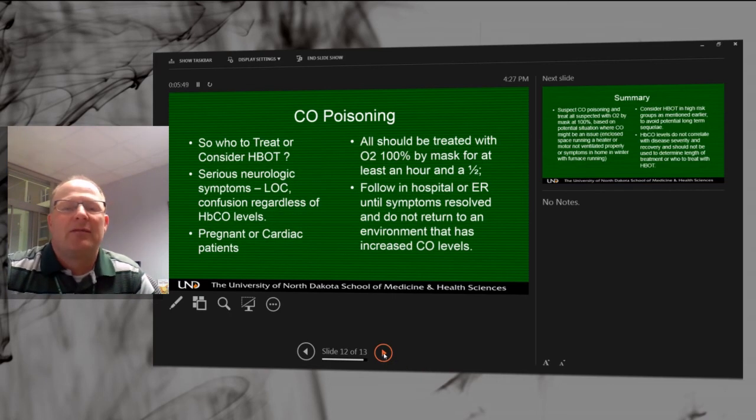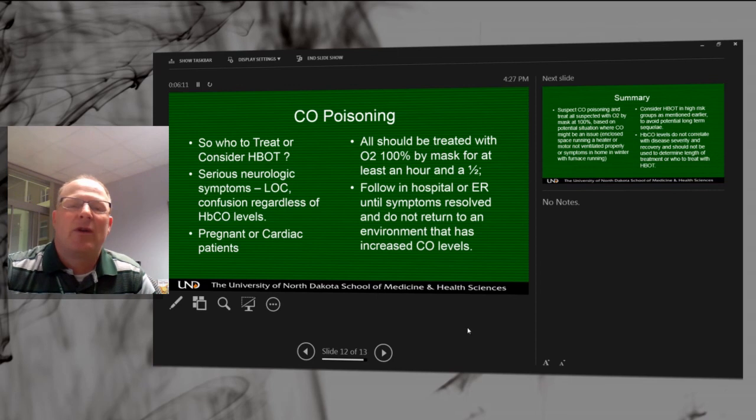So with carbon monoxide poisoning, who to treat and consider for hyperbaric oxygen therapy? Number one, those who have serious neurologic symptoms such as loss of consciousness, increased confusion, and this should be used regardless of carboxyhemoglobin levels. Those who are pregnant or cardiac patients should be considered for hyperbaric oxygen therapy if available.